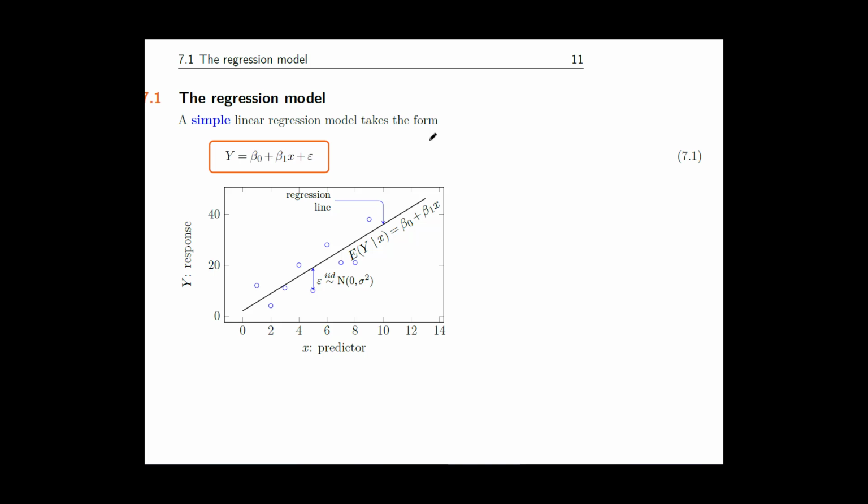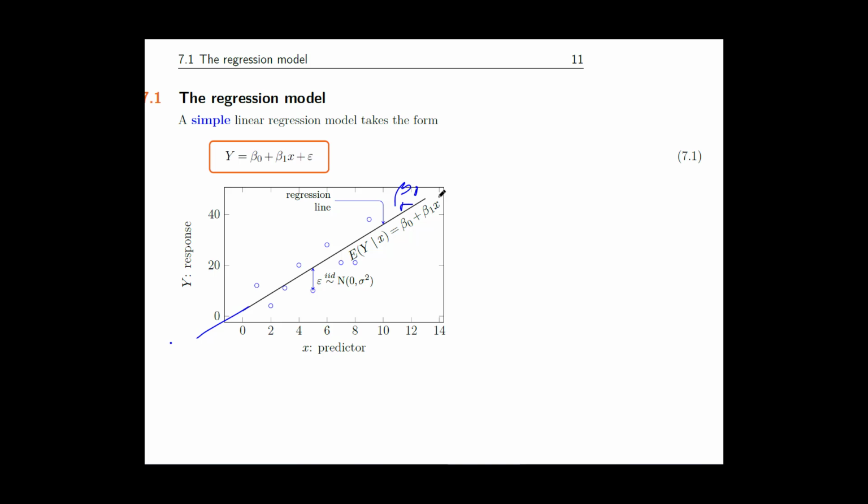It's a straight line, so beta naught is the intercept, right? So right over here, 0, I guess. And then beta 1 is going to be the slope of this line, right? Beta 1 right there. All right.